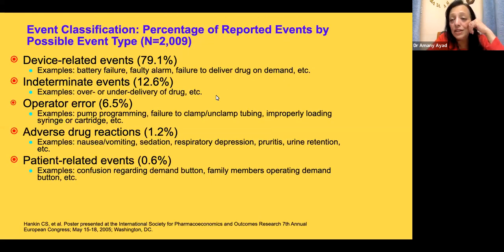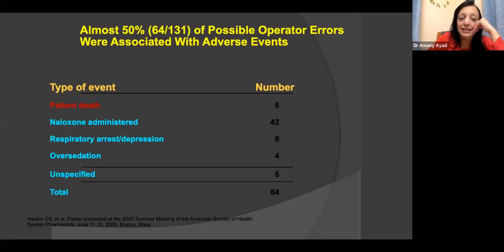Another one of these FMEA reports was very interesting as it stated major catastrophic events. And they found that 50% of 131 major catastrophic events, the operator error was associated with the adverse events.